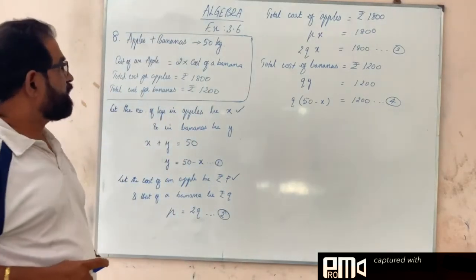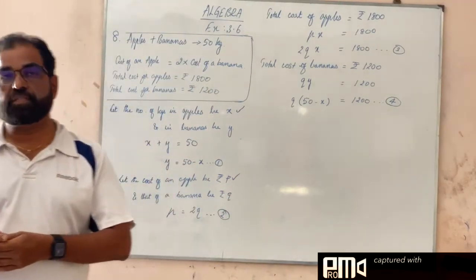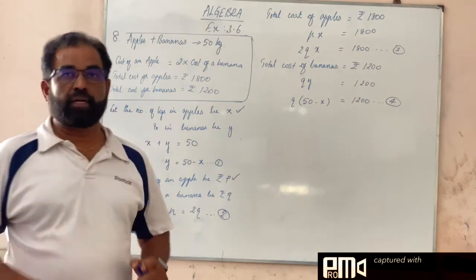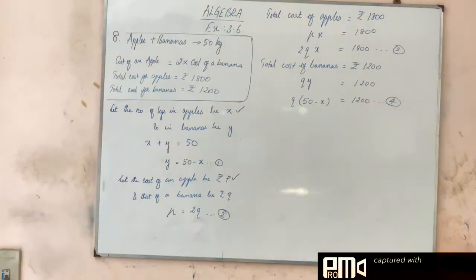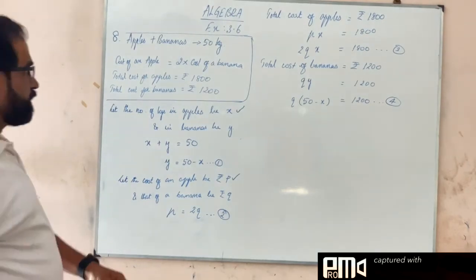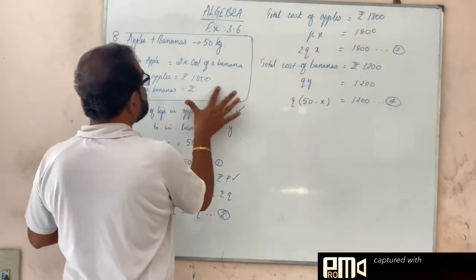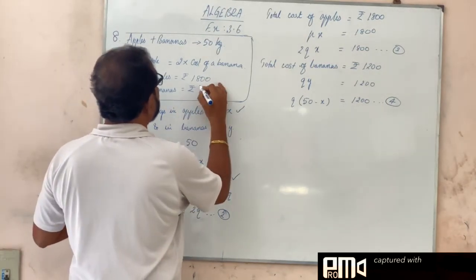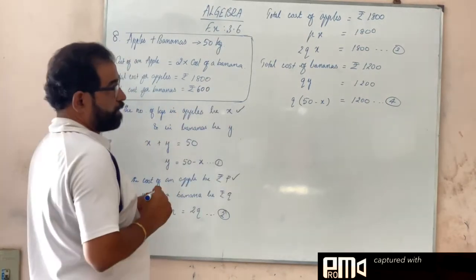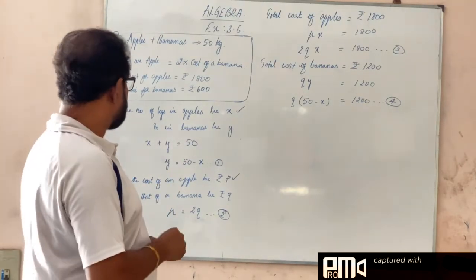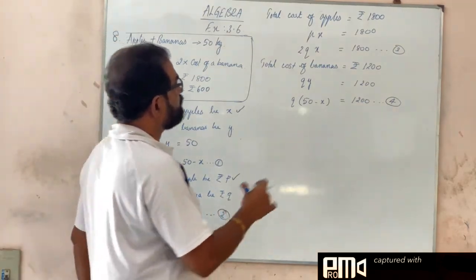Total cost of bananas is 1200, or I have a doubt. Let me check the question again. I'm sorry, here the total cost of bananas is 600. I wrote 1200 there by mistake.